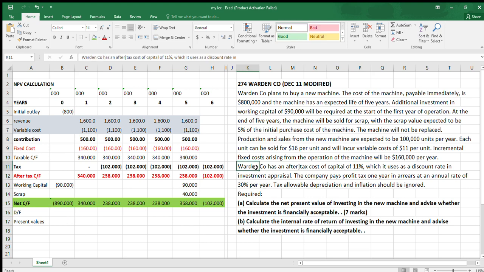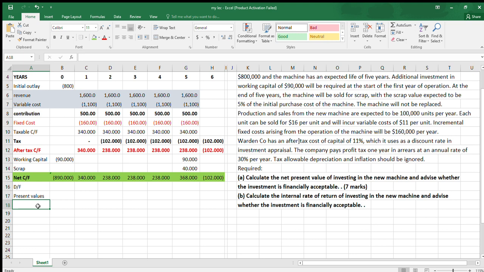Wadlin Co has an after-tax cost of capital of 11%, which it uses as a discount rate in investment appraisal. So the rate is 11%.